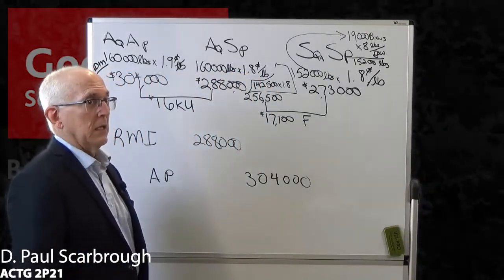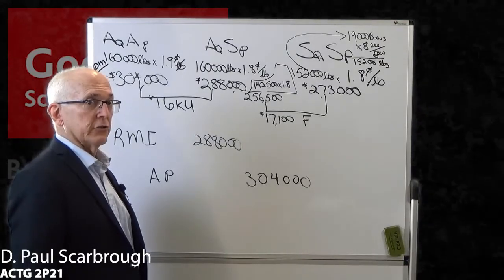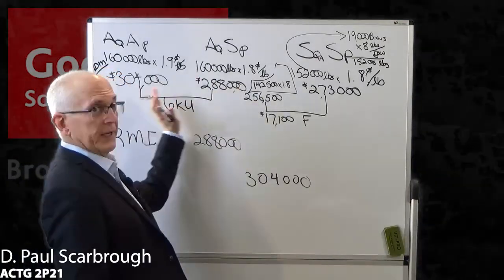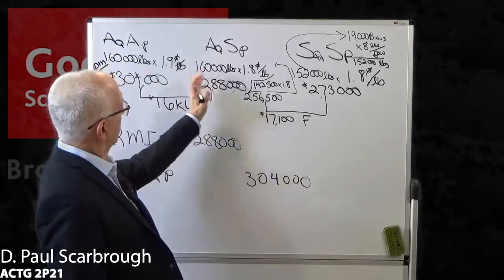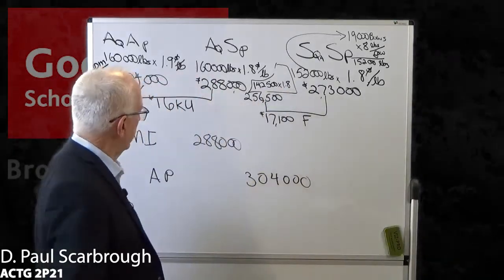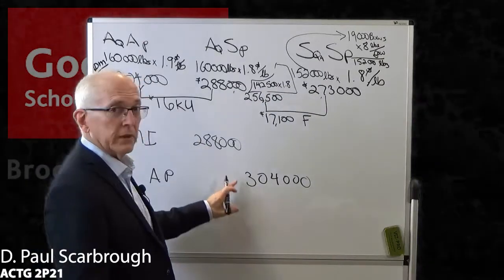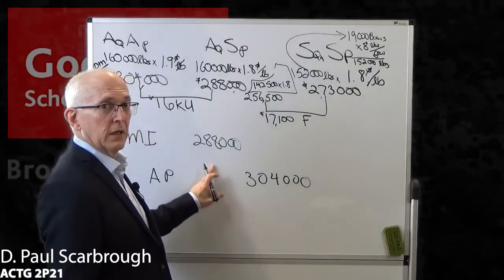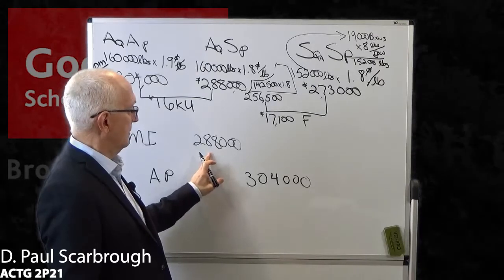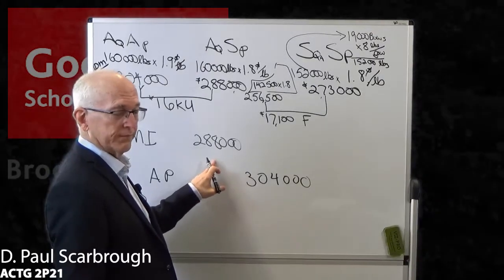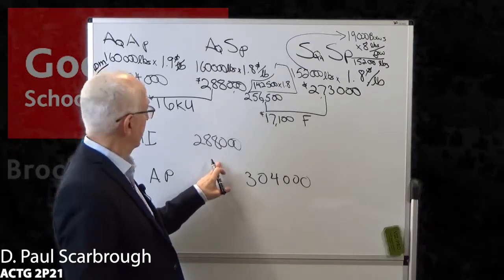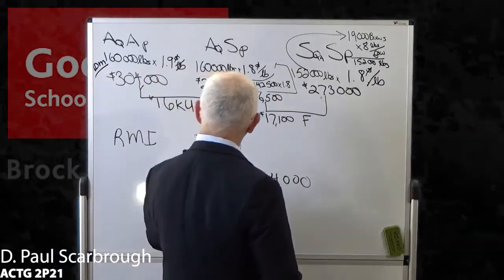Now, this is usually a fairly easy journal entry because we're only doing one half of it, because for direct material you have to do two different journal entries, one for this, one for that. And you can see, because you're expert accountants, that debits are less than credits. So to make this balance, we're going to have to put in a debit entry here, and it's going to be 16,000.